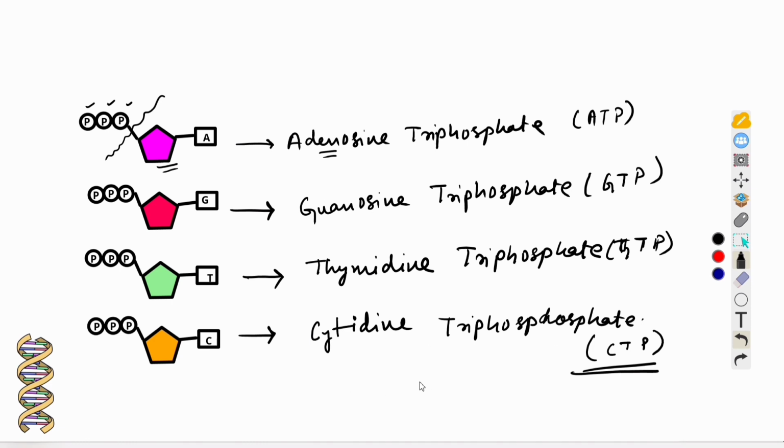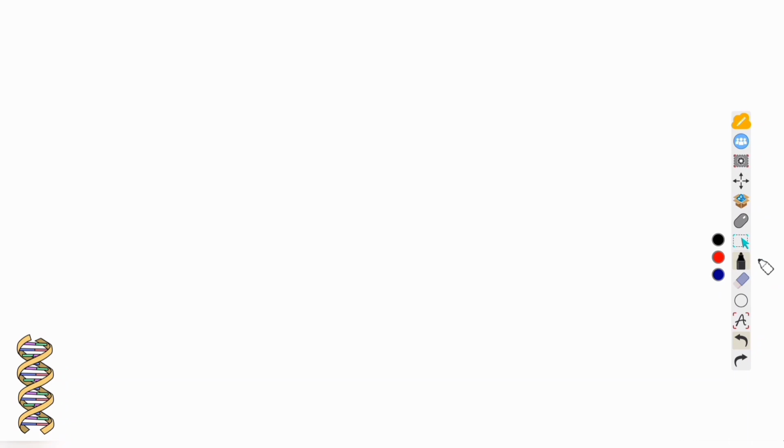So the polymer of these nucleotides forms the DNA. Now, how is the basic structure of DNA formed?